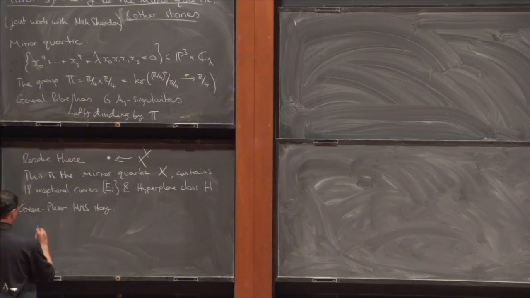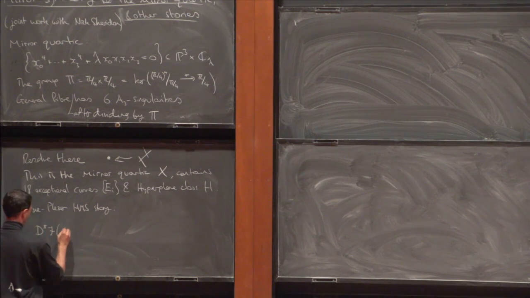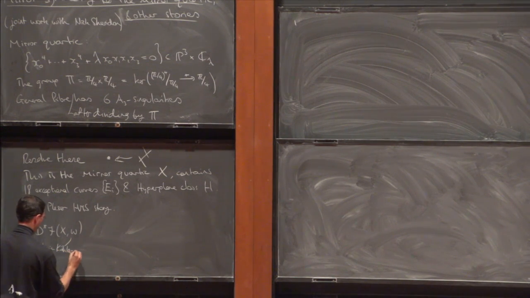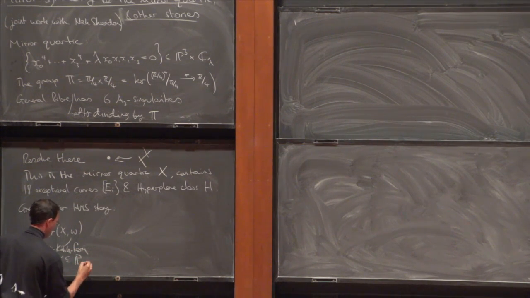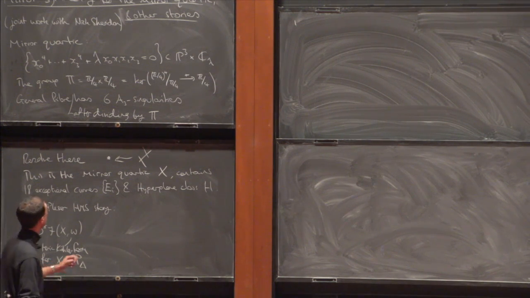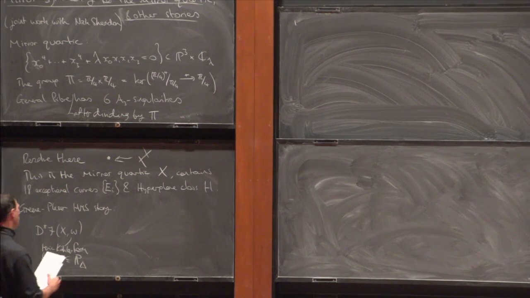So X, this resolution, can be seen as a hypersurface in an appropriate toric variety given by resolving the quotient of P3 by this finite group.